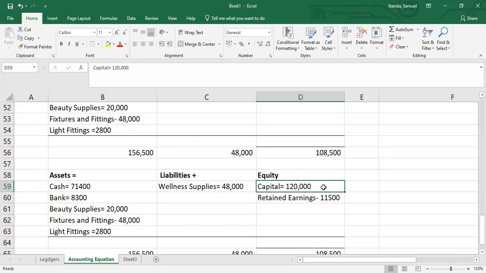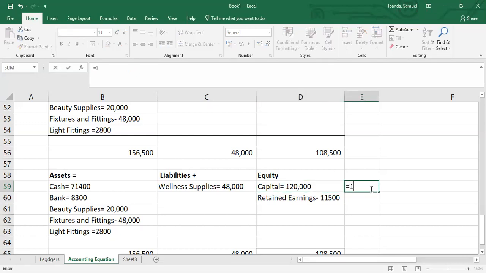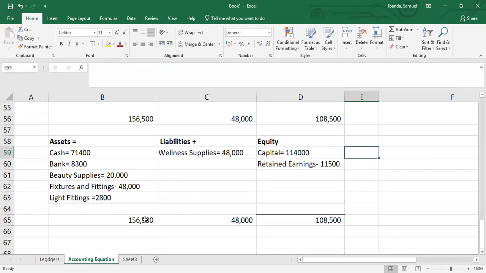So capital will no longer be 120,000, but will be 120,000 less how much was taken, which is 6,000. Less 6,000, which gets us to 114,000. So that is how our transaction will affect.